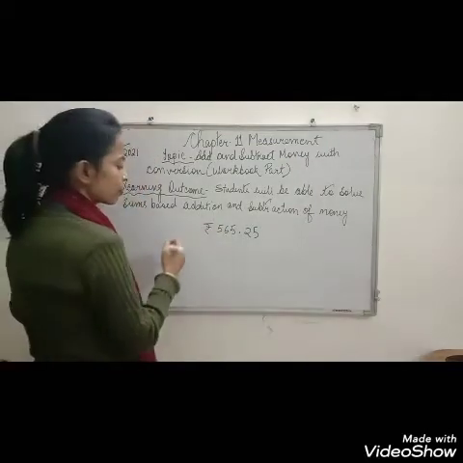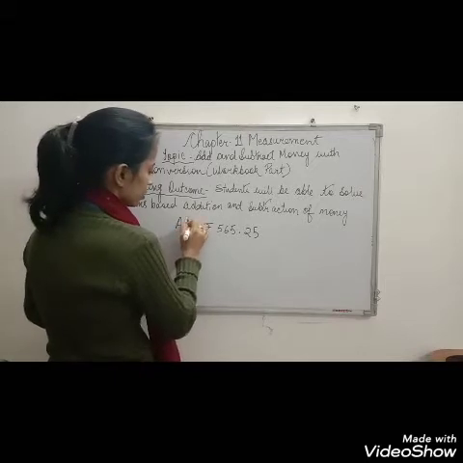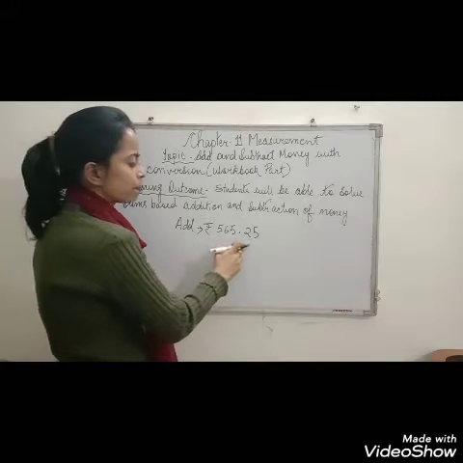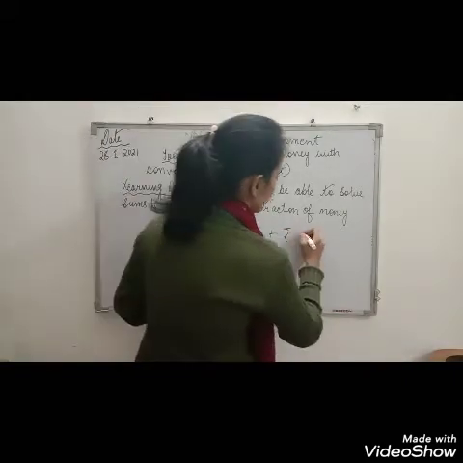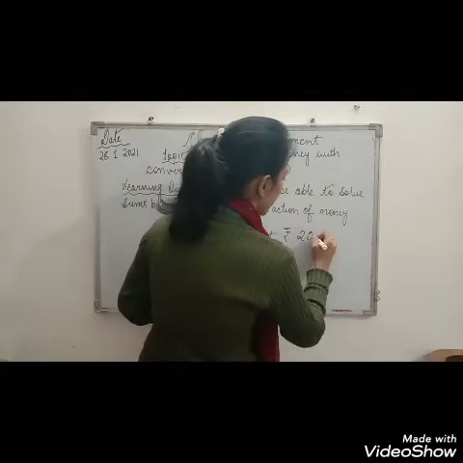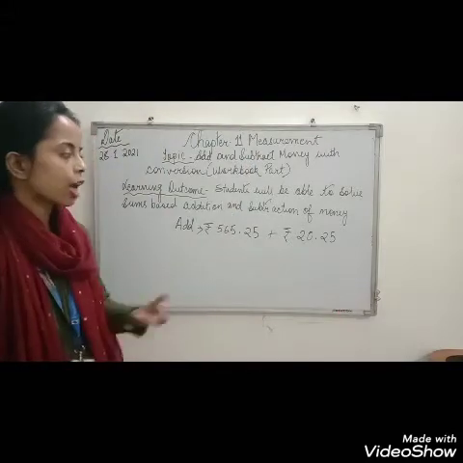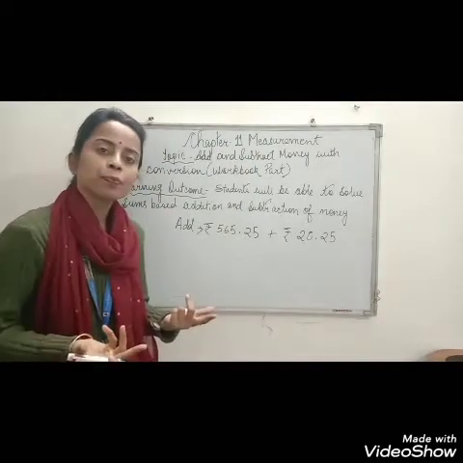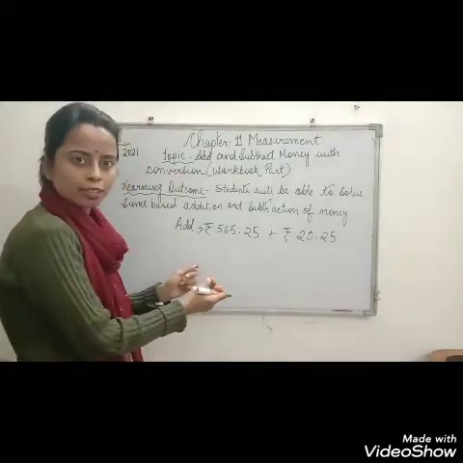Suppose I have given you this question. Add 565 rupees 25 paise with 20 rupees 25 paise. How are we going to add this? Yes, children. How we add numbers, it is the same like that.